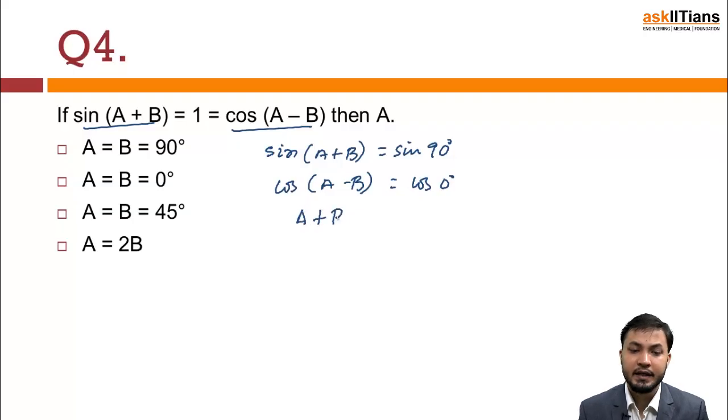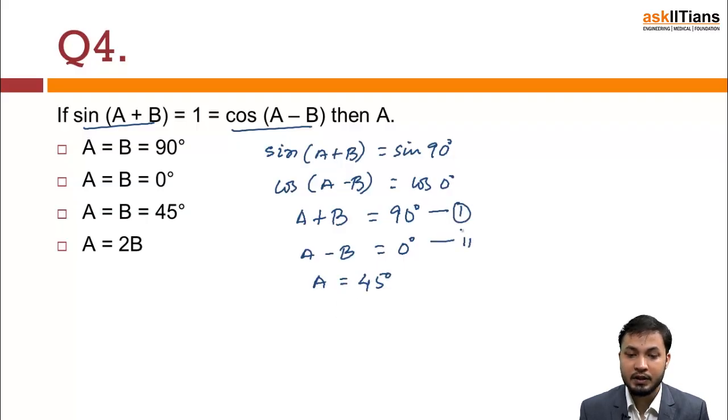So from this I can say that A plus B is equal to 90 degree and A minus B is equal to 0 degree, right? So if I solve this, I will get that my A is equal to 45 degree, and from equation number 2 I can say that A is equal to B, which is equal to 45 degree.